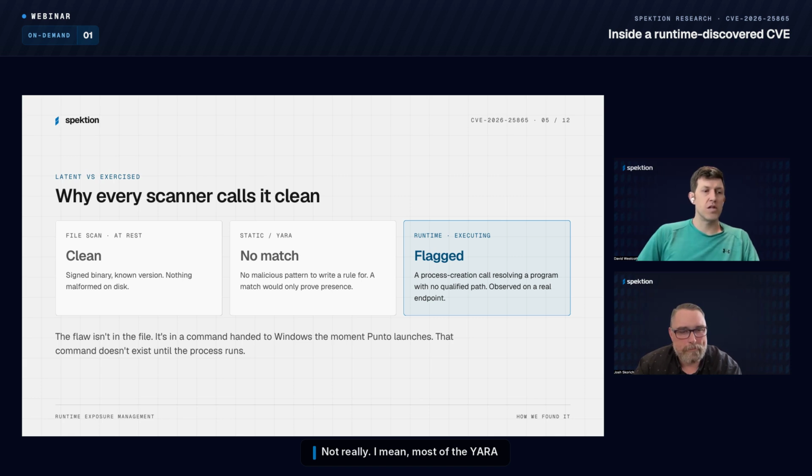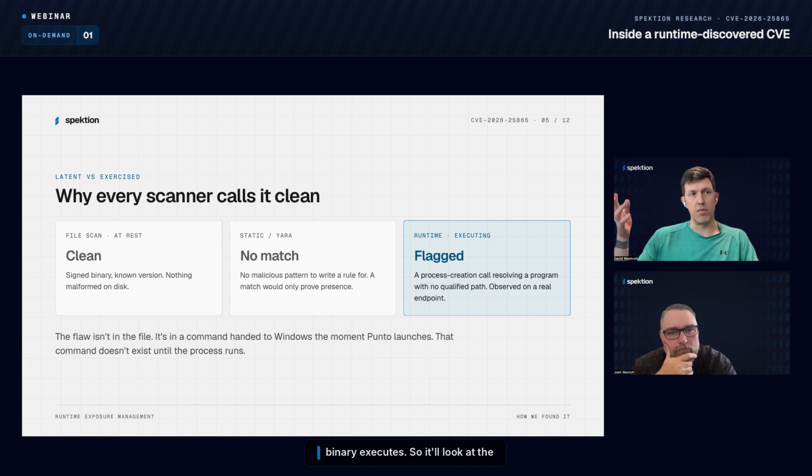Not really. Most of the YARA detections that you're going to find, there are two primary ways you run YARA, depending on the tool you're using. You're going to do a static analysis, so you might be able to see the API function or a string, but it wouldn't be confirmed that it will actually run when the binary executes. Some of the other platforms, depending on how performant they are, will actually run it once the binary executes. So it'll look at the memory associated with the PID once it's on the stack.